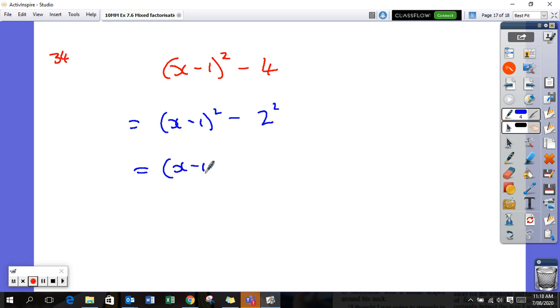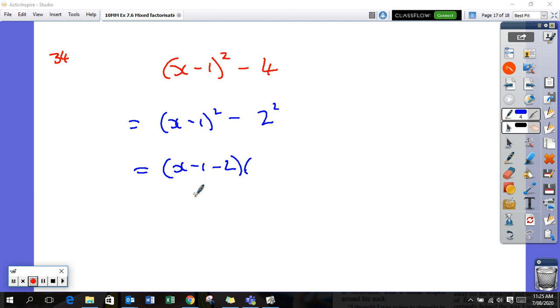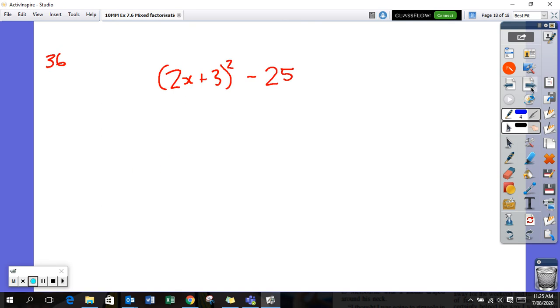So we go x minus 1 minus 2, bracket, multiplied by x minus 1 plus 2. Okay, so factorise, two numbers multiplied together.